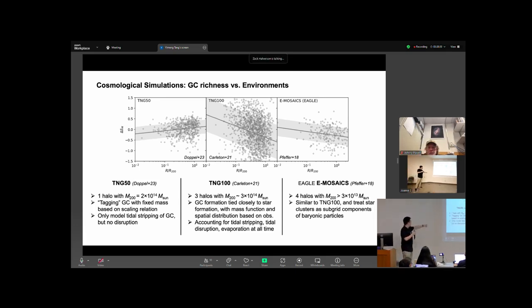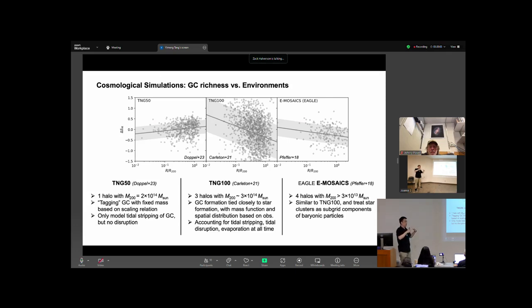In TNG50, we select the one halo with 2 times 10 to the 14 solar masses. It's the most massive halo in TNG50, so it's about Virgo mass. TNG50 has the most different GC modeling method compared to the other two. They use a GC tagging method, and every GC has the same mass.